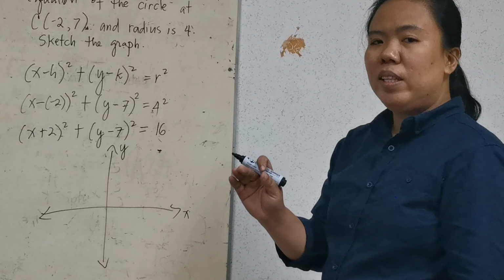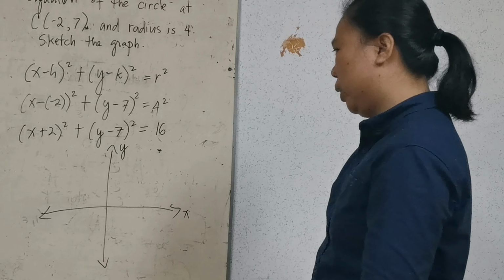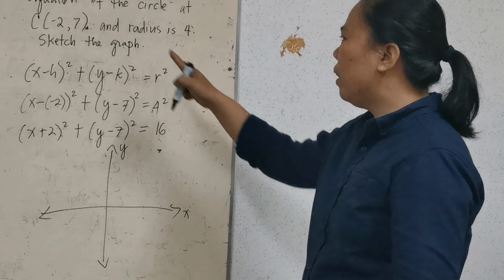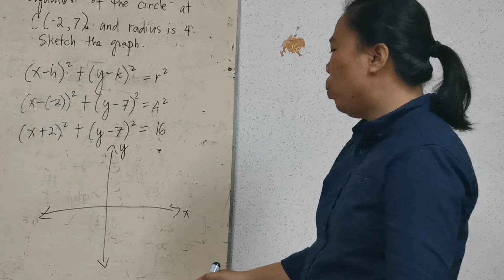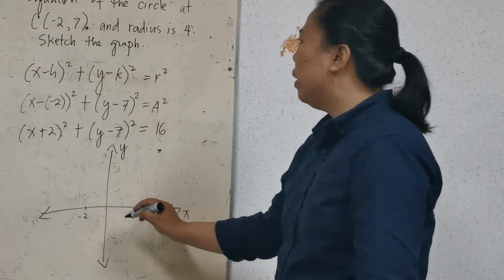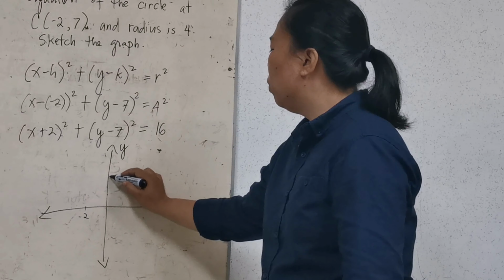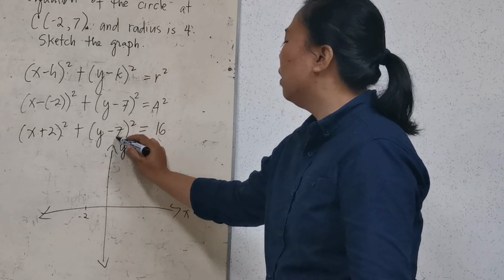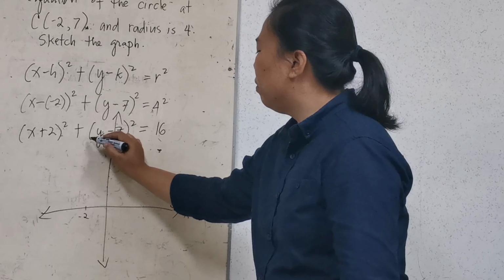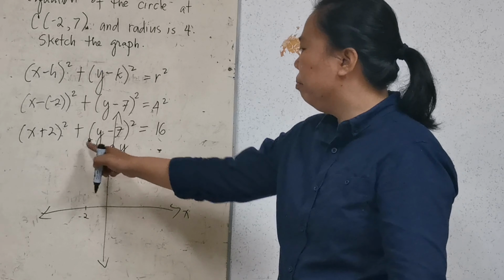That's so that they will know that the lines are infinitely extending on both sides. So we have the center at -2, 1, 2, and then we have 7. 1, 2, 3, 4, 5, 6, 7. So we have the intersection will be on this.